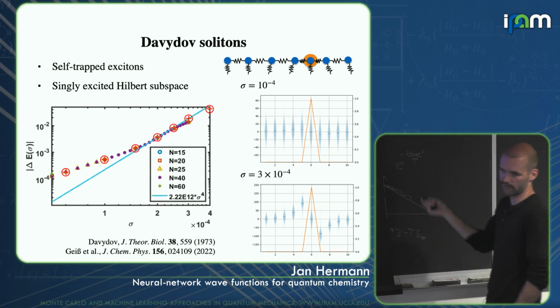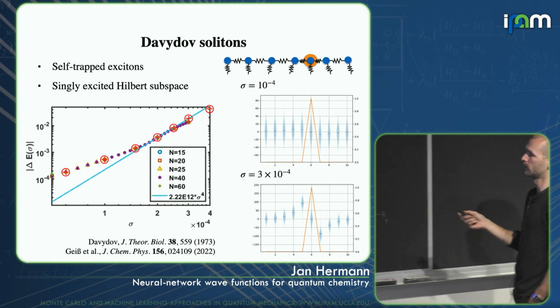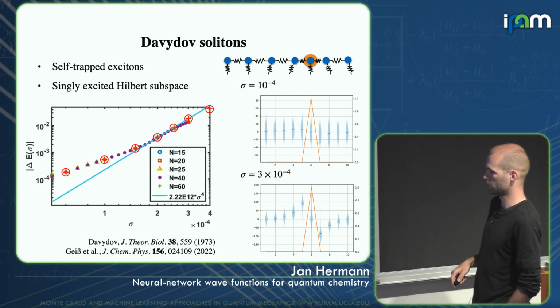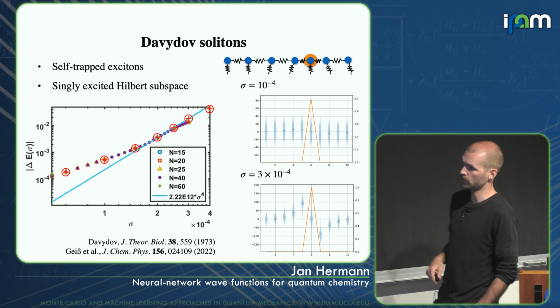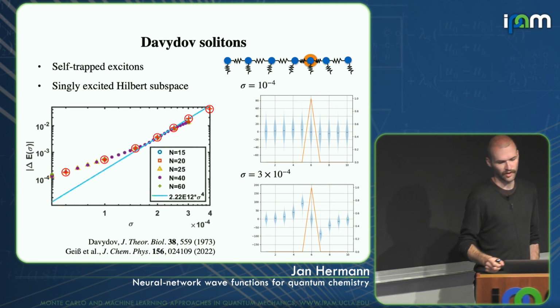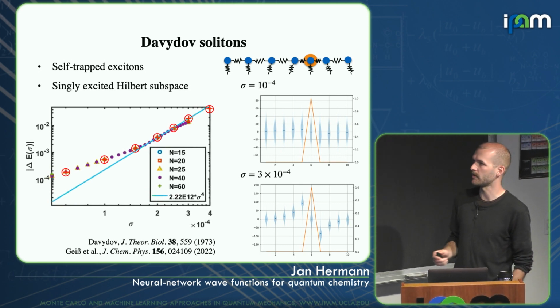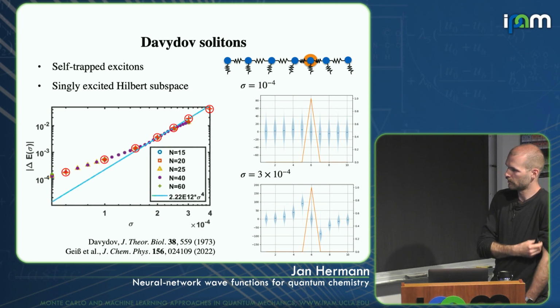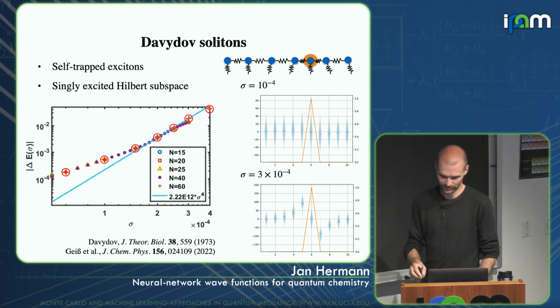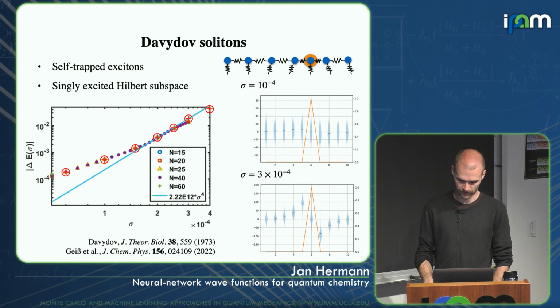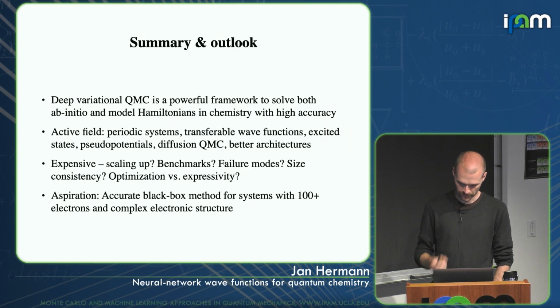Whereas when you do it in real space, you don't run into this problem. So this is a small example of how you can get very accurate results for a rather arbitrary Hamiltonian with very little effort with neural networks and QMC.